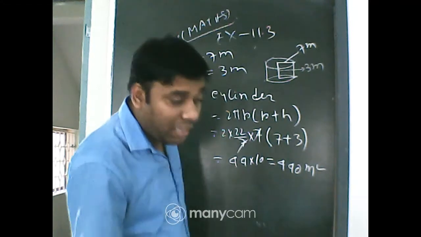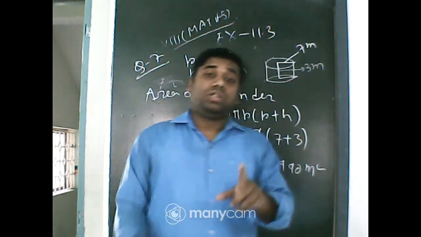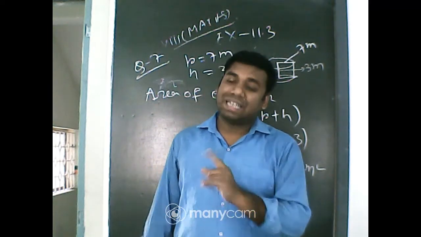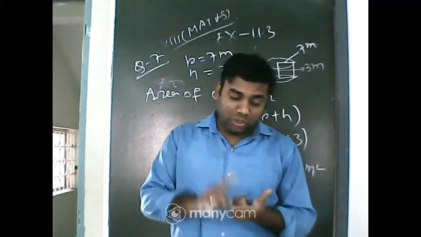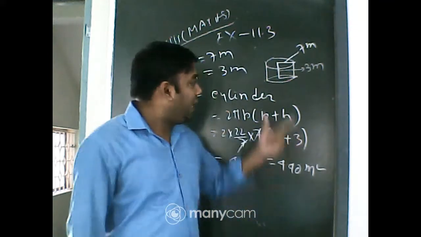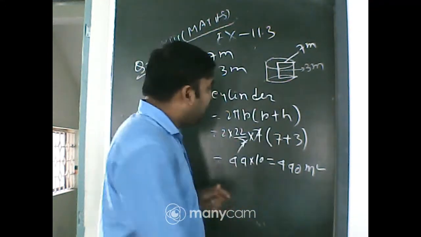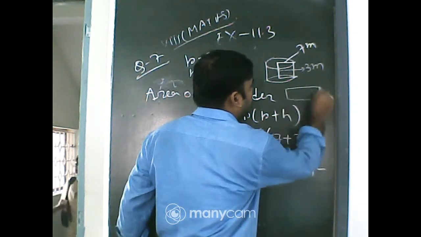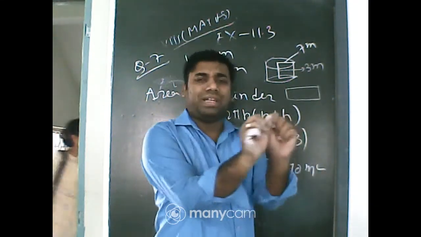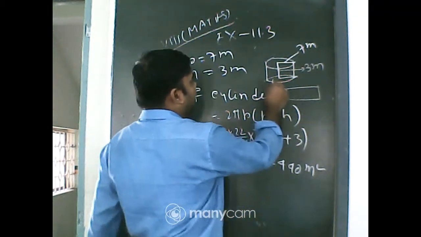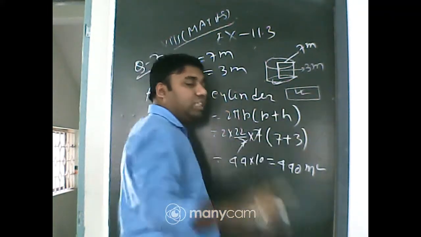Now students, one thing: that cylinder is made from a metal sheet, a rectangular sheet just rolled round. So the area of that cylinder and the area of the metal sheet should be equal.